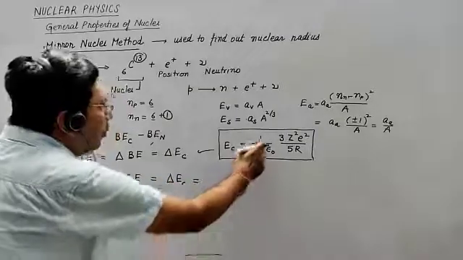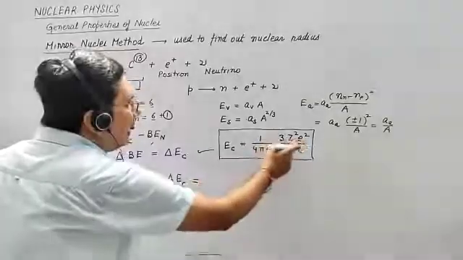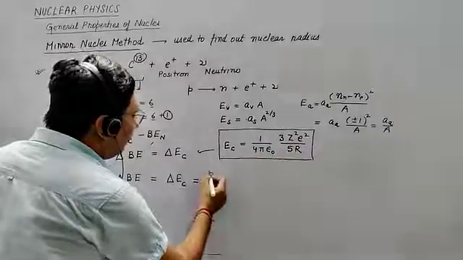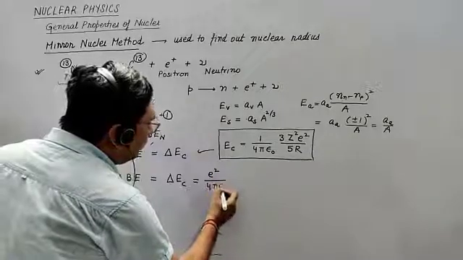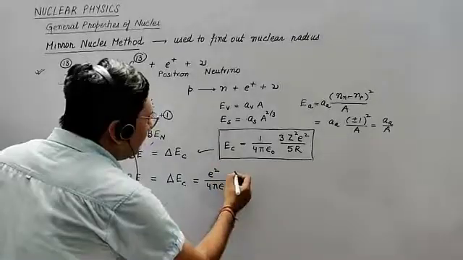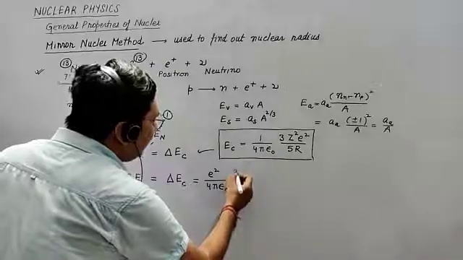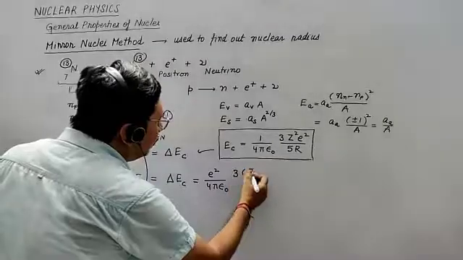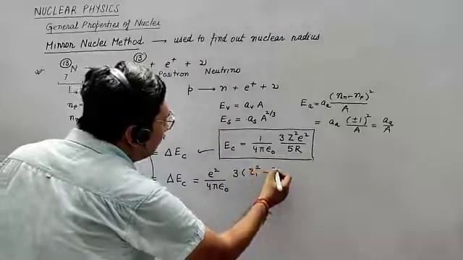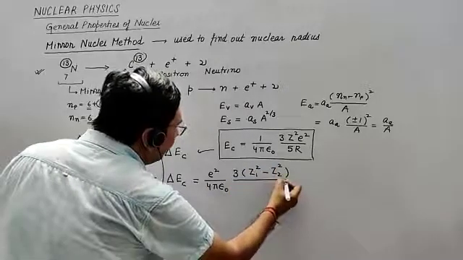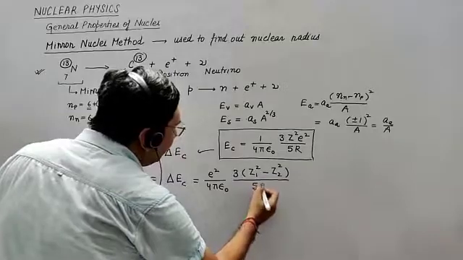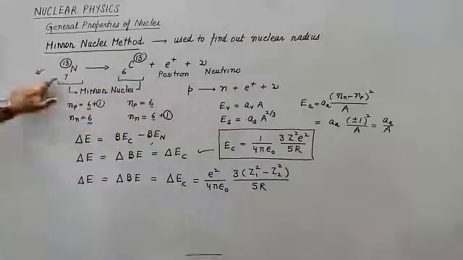This will be equal to E square upon 4 pi epsilon naught times 3 (Z1 square minus Z2 square) upon 5R, where Z1 is the atomic number of this nuclei.